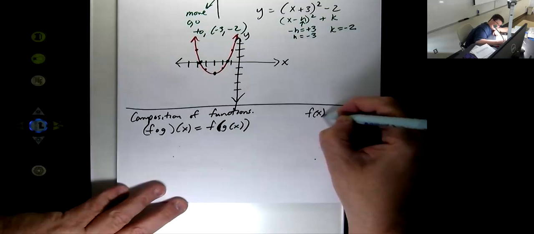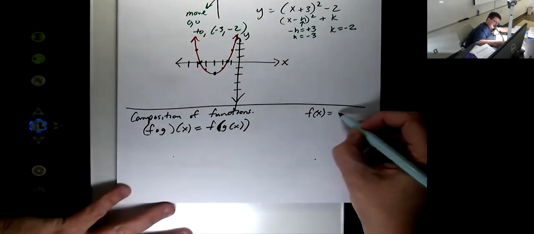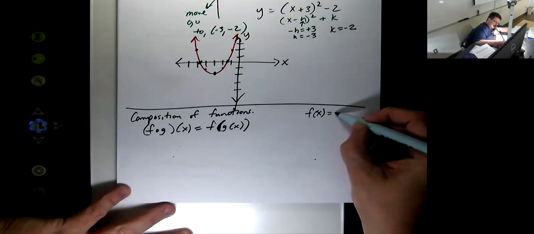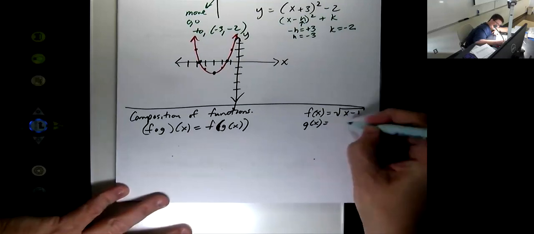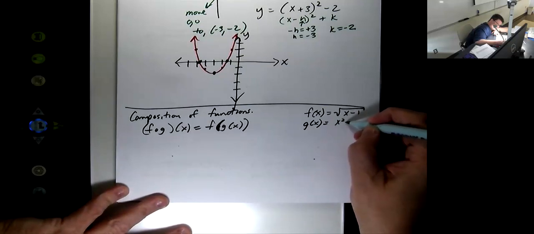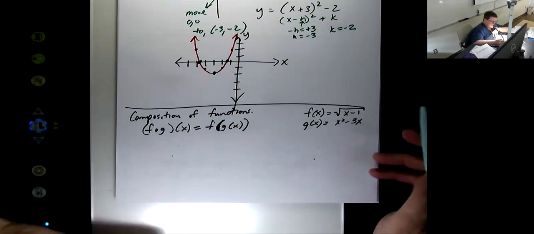So if f of x is square root of x minus 1, and g of x is x squared minus 3x.